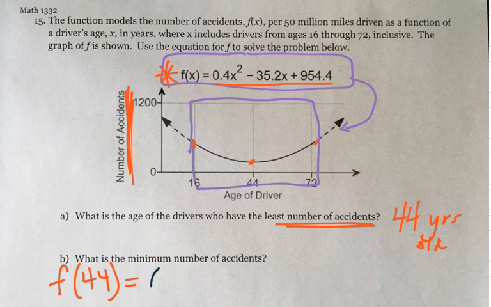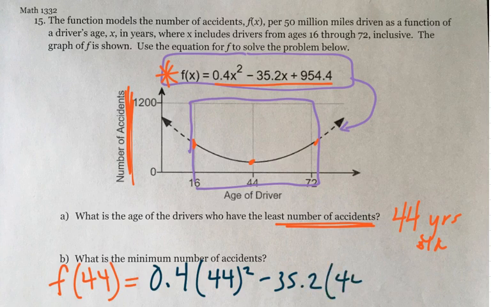So we have 0.4 or 4/10 times 44 squared minus 35.2 times 44 plus 954 and 4/10. We can use our scientific calculator to calculate this.